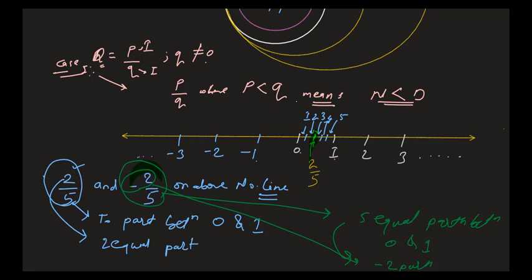So look here student, I am drawing again the 5 equal parts from 0 to minus 1, and this one is part 1, part 2, part 3 and part 4, and this one part 5. Among these 5 equal parts we must take minus 2 parts. So minus 2 is here.